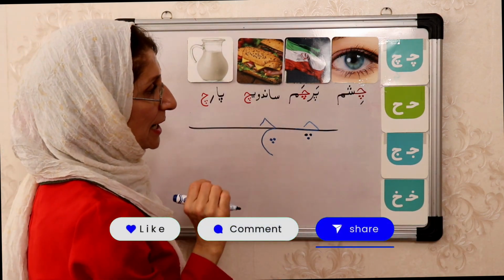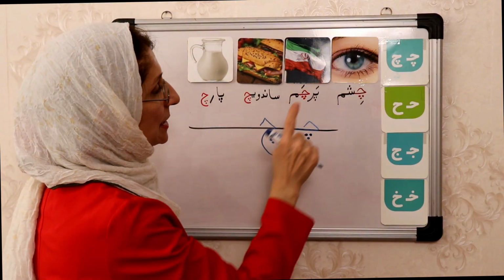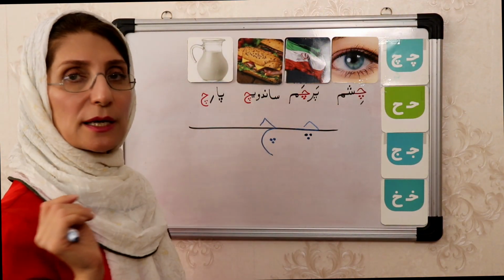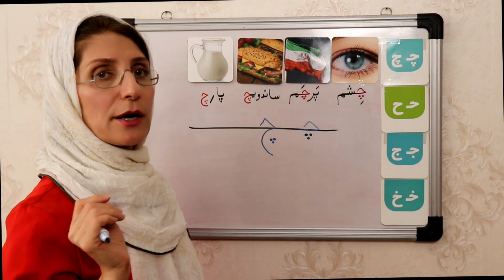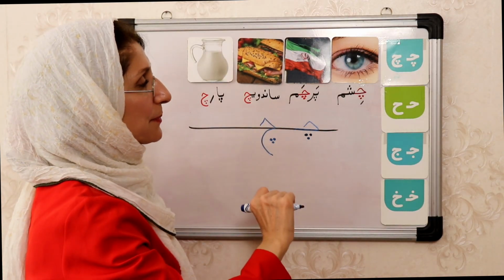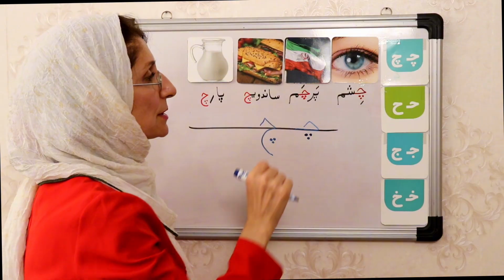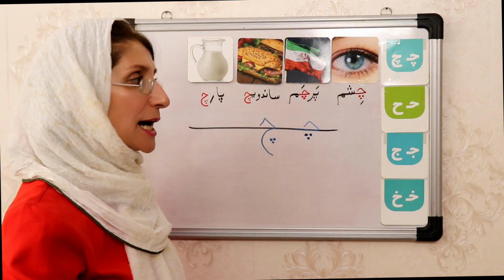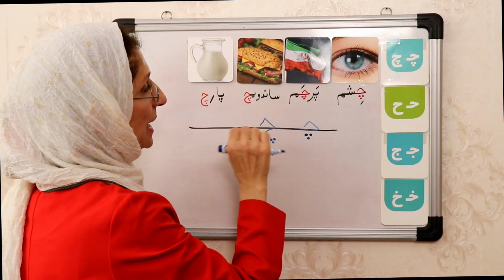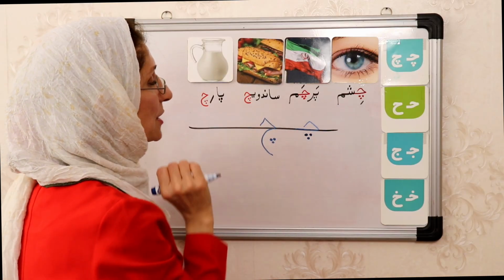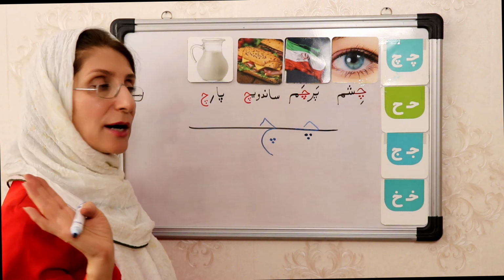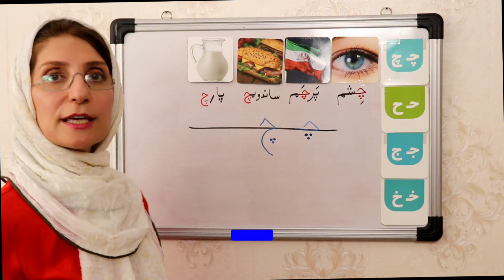چه غیر آخر comes, as I said, in the initial position, like the word چشم, eye, and in the middle like پرچم. At the end, in final position, it can take the hand of the previous sound, like in the word sandwich.